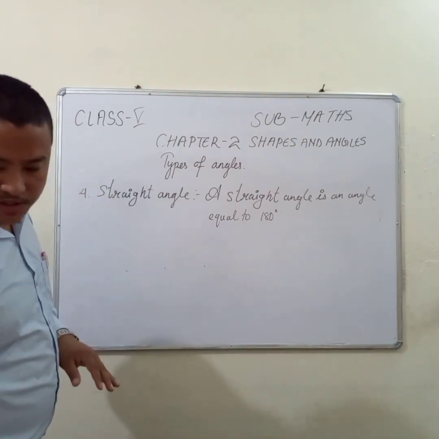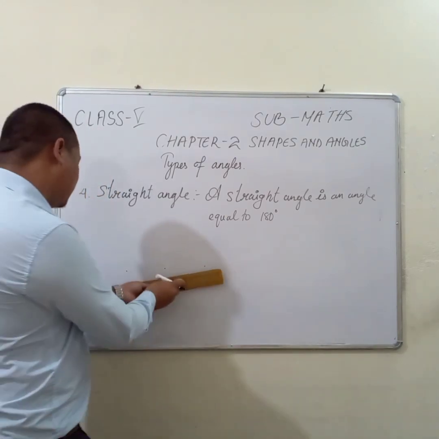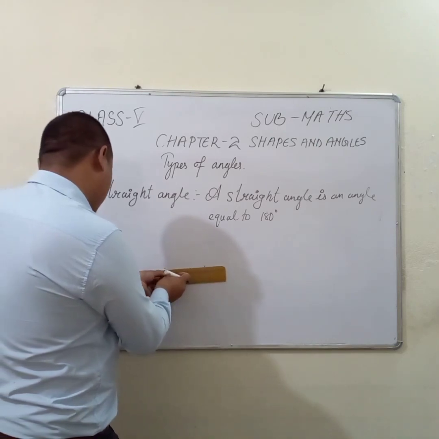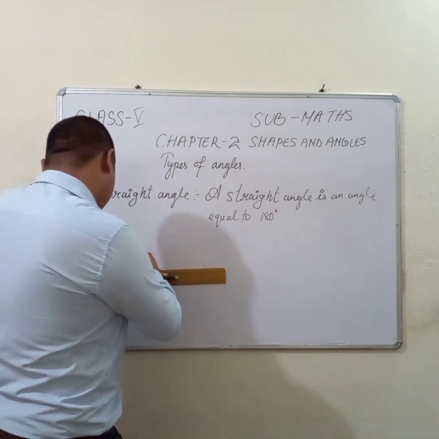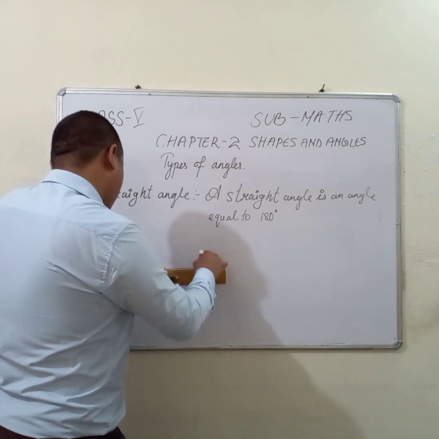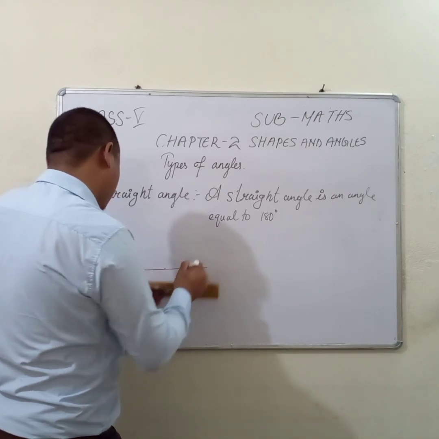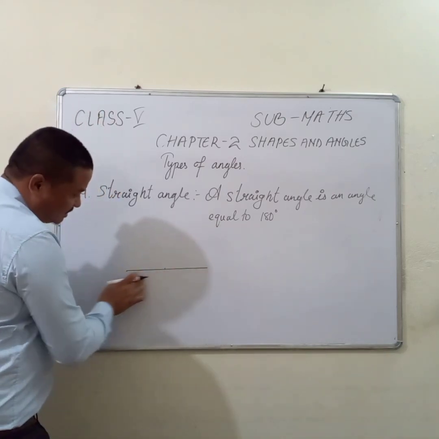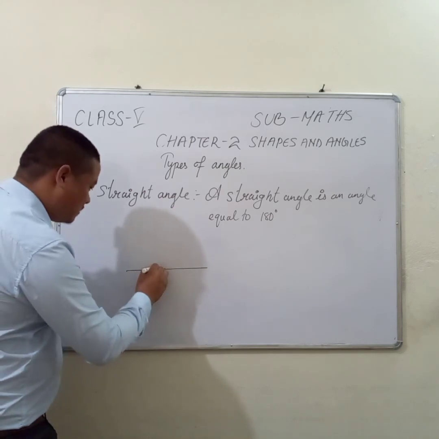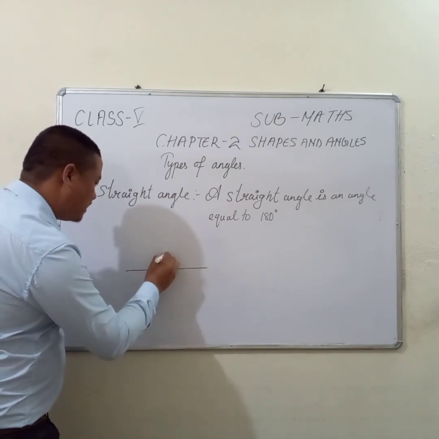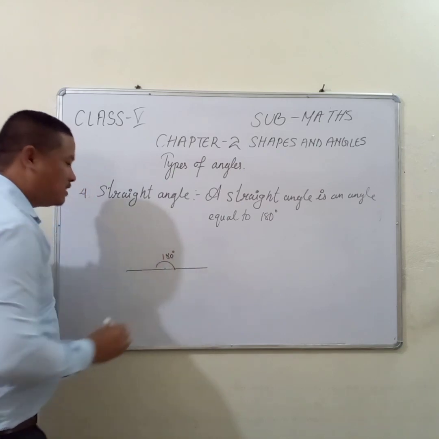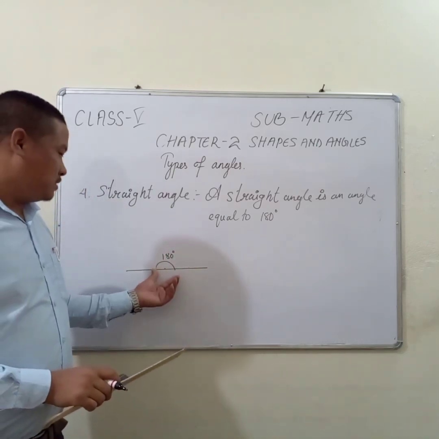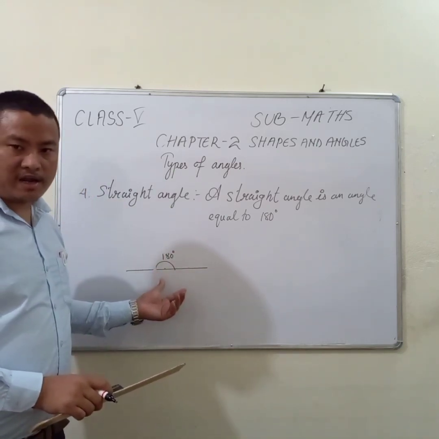Now just join this dot with the help of your scale. Okay, so this one is straight. Now one straight line is there, which is measure 180 degree. Okay, so this is straight angle.